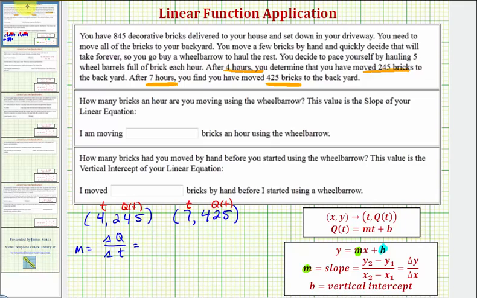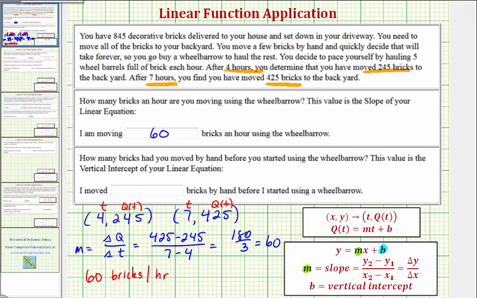So for the change of Q, we'd have 425 minus 245, and for the change of t, we'd have 7 minus 4, so we have 180 divided by 3, which equals 60, which means you're moving 60 bricks per hour using the wheelbarrow. So your answer would be, I am moving 60 bricks an hour using the wheelbarrow.